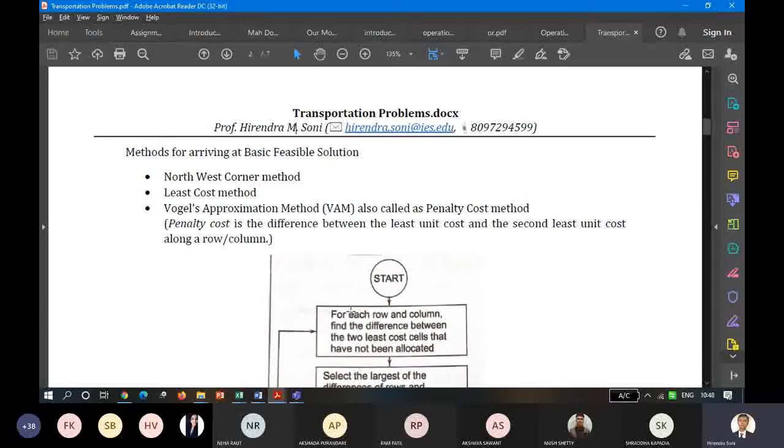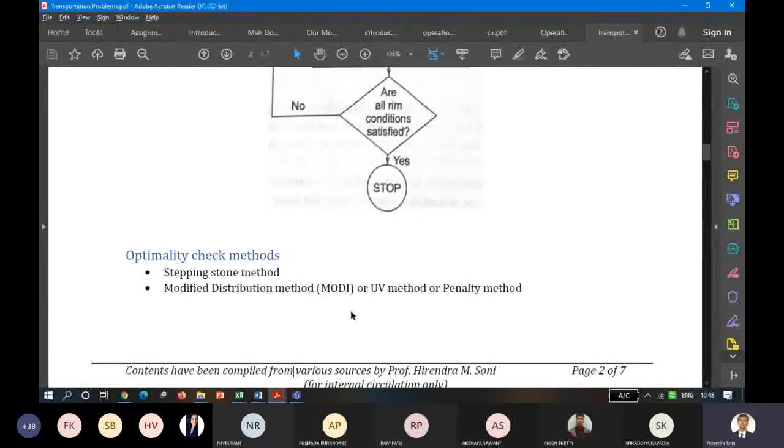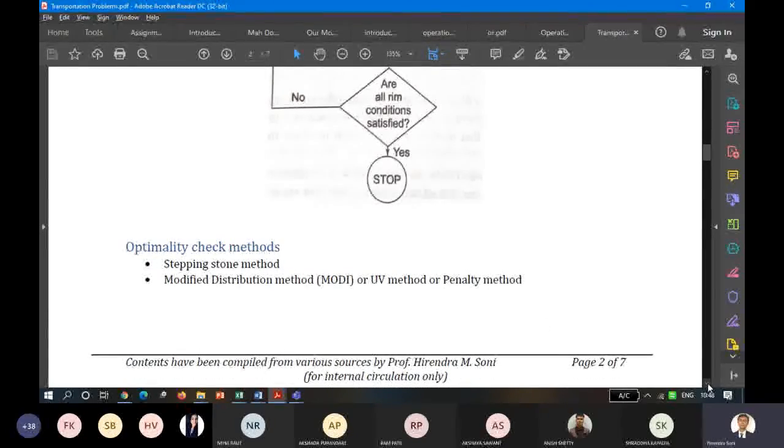Okay, so we'll see all four of them, and then we'll look at the optimality check methods. That is two methods which we talk about. One is the stepping stone method, and second is the modified distribution method, also called UV method or penalty cost method, sometimes shortly referred to as penalty method.